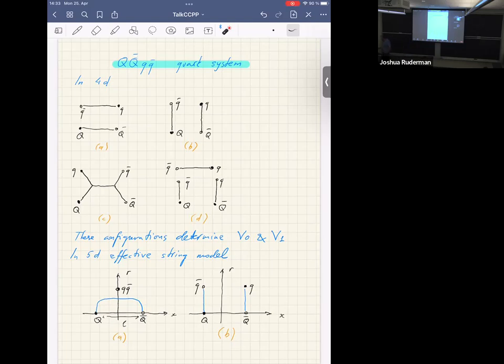Okay. And now, of course, it's easy to do the first two. The first you can consider as a heavy quark and antiquark pair in a pion cloud. This is a pion system, so it looks like that. And the second, as I discussed previously, is just a pair of mesons, so it's in 5 dimensions like this.